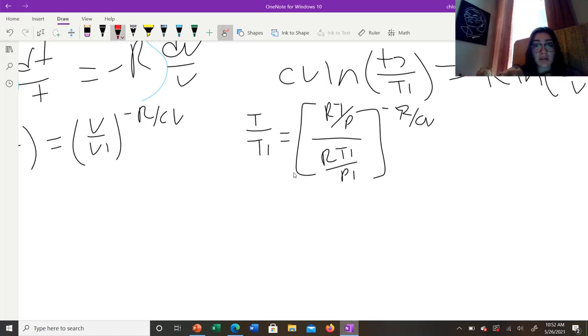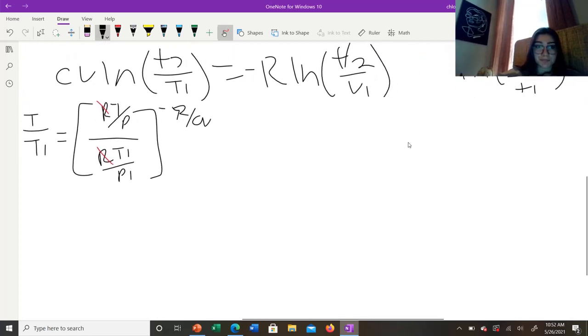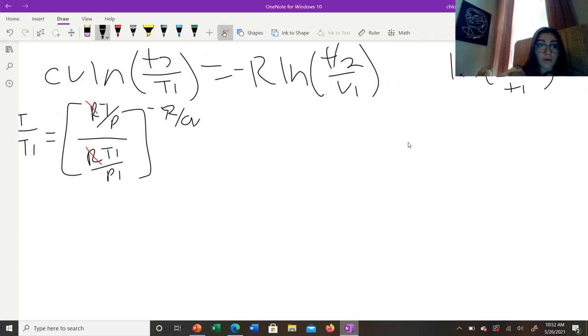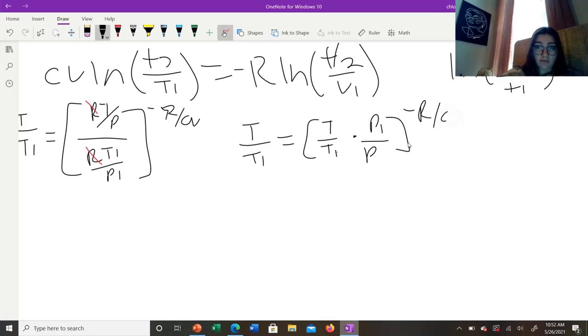But you can see here that the R's are going to cancel. The T's and the P's are not going to cancel though, because it's T1 and P1, not just either or. So let's do a little rewriting now: T over T1 equals T over T1 times P1 over P, still to the power of negative R over Cv.